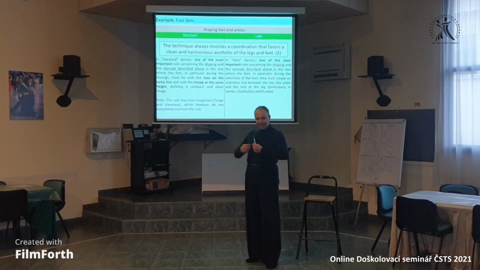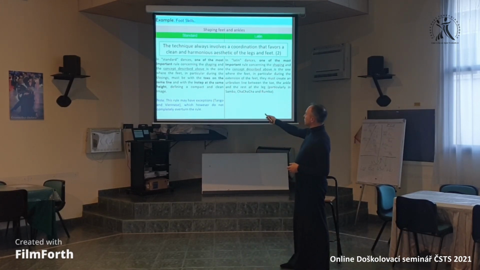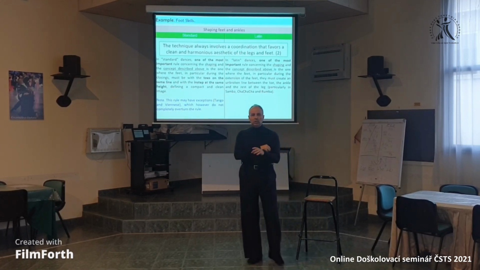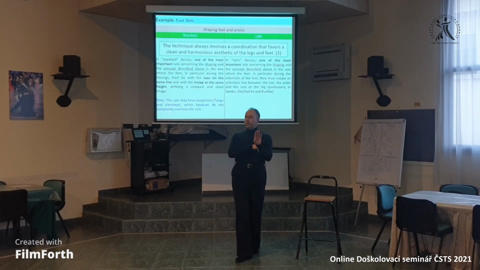The shaping, in terms of aesthetic, practically means that you have to respect two ideas. The toes, especially when you close the step, must always be on the same line. So you should have the toes always create this alignment between them. It cannot be something like this, at least if it's not stated differently.